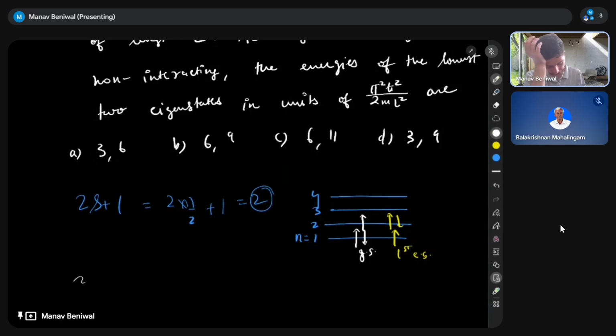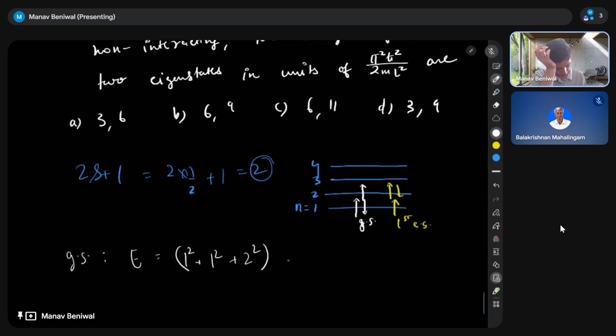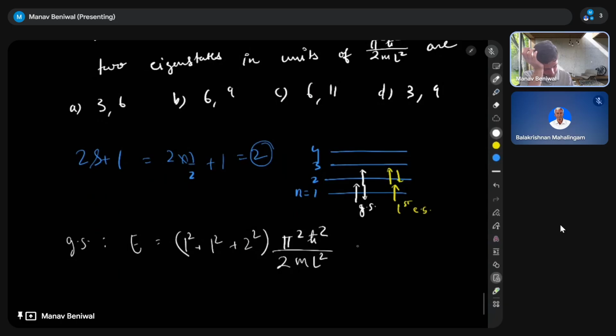So for ground state, our total energy E will be, n squared is 1 squared plus 1 squared and then plus 2 squared, this thing multiplied by pi squared h cut squared over 2ml squared, which will give us 6 times this number.